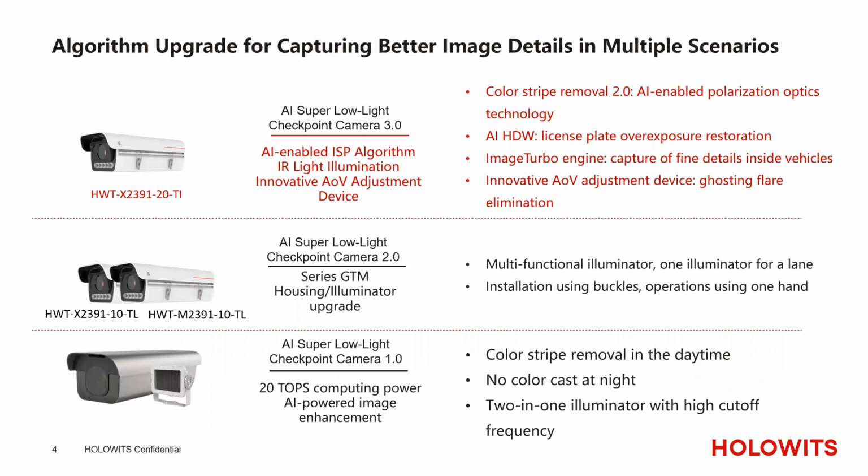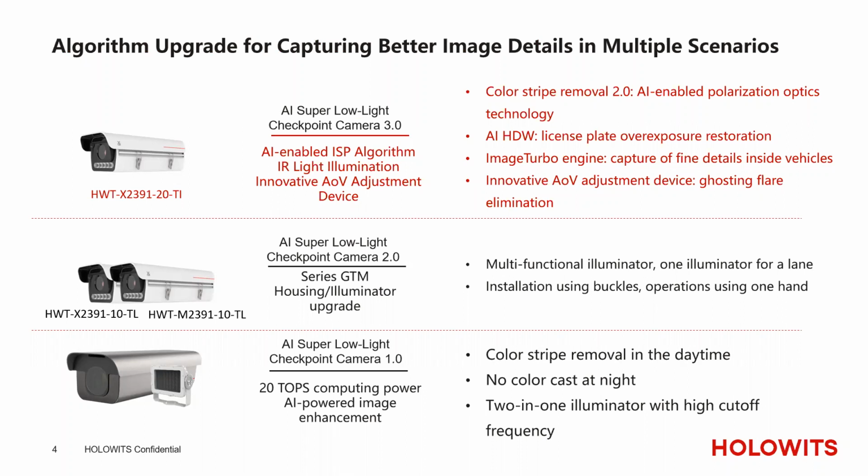These are the updates to AI super low light checkpoint cameras and features that have been updated in each version. The one we use the most now would be the X239110TL, but the focus of our presentation today is the HWT X239120Ti.